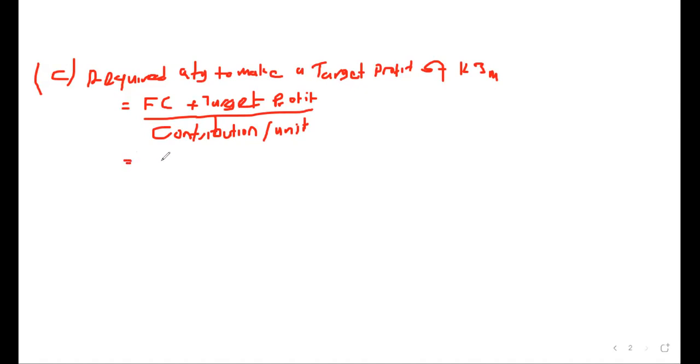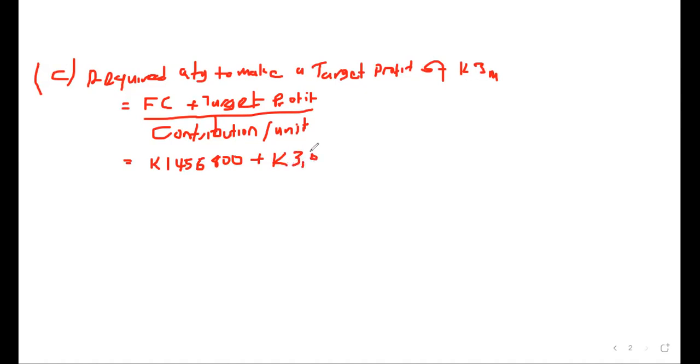So our fixed costs, we have already calculated our fixed cost figure as 1,456,800 kwacha, plus the target profit. What is our target profit? We are given the target profit as 3 million.